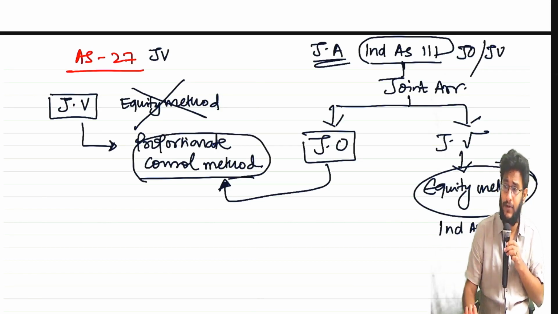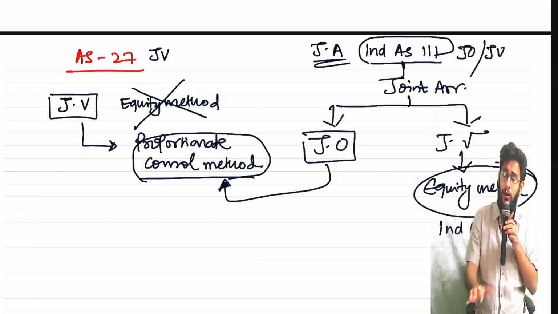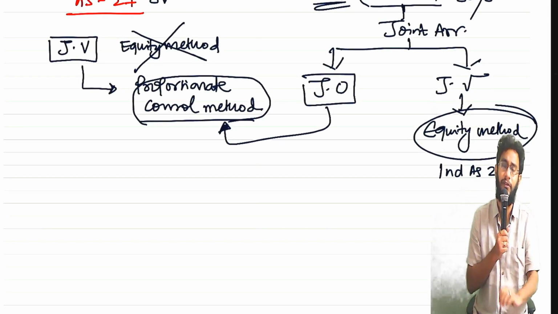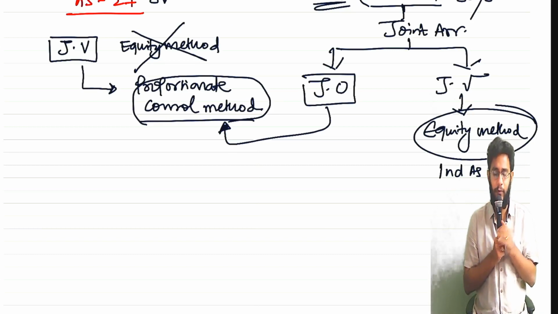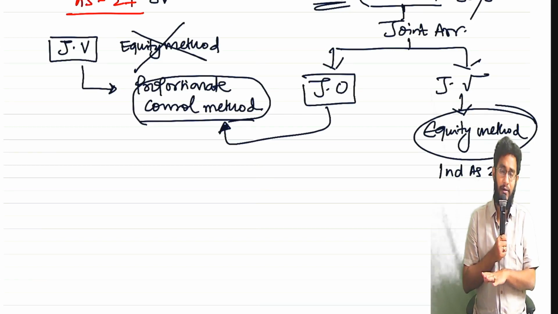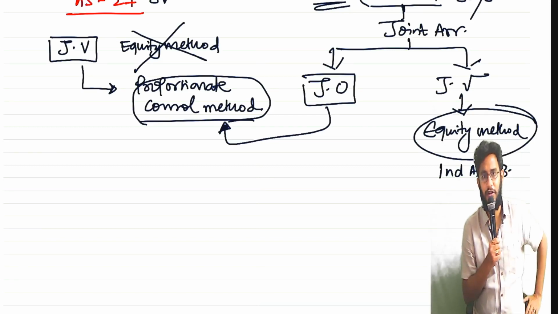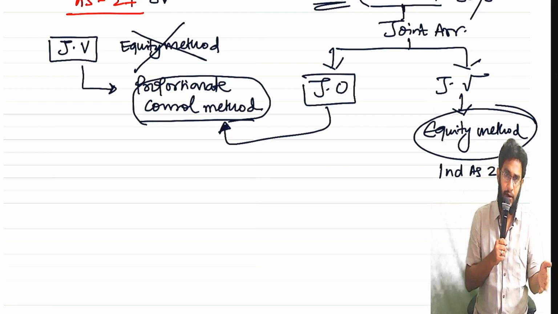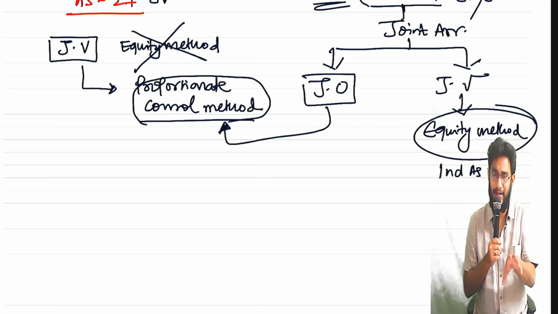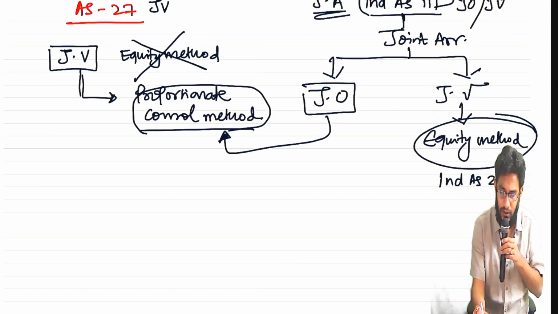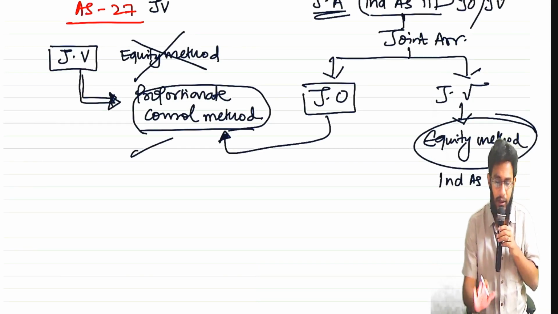Sir, where is the difference now? When you are migrating from AS to Ind AS, what type of difference will you face? Carefully observe. In the past accounting standards, you compulsorily would have done the proportionate consolidation method for all types of joint ventures under AS 27.